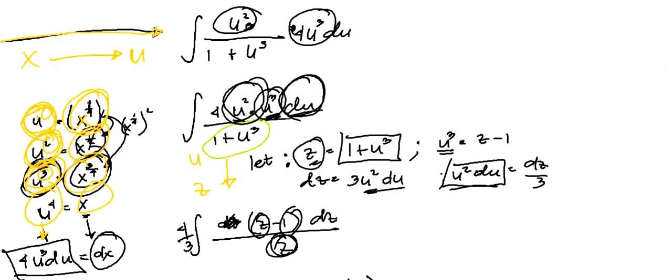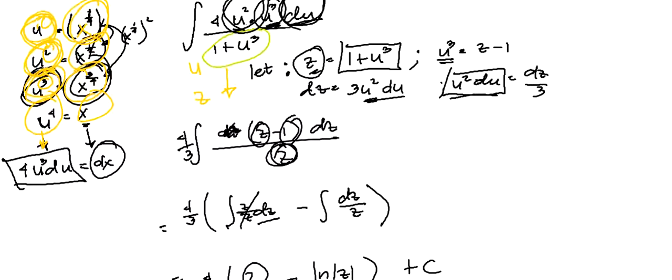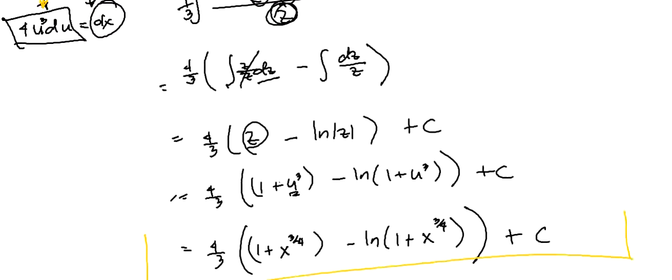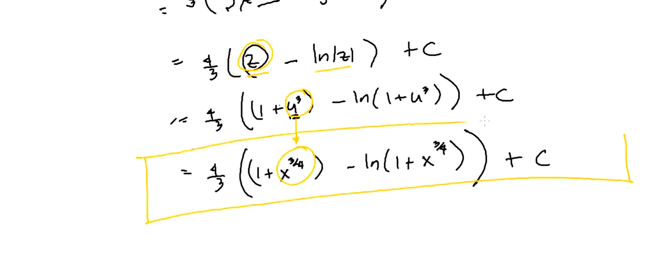Then from here we can easily see that it is now integrable by doing some minor algebra, z minus 1 all over z, or z over z minus 1 over z. Then from that we apply the integral, and we come up with this one, but we need to bring back the value of our z, which is 1 plus u cubed, and our u cubed is also equal to x raised to 3/4, and that is now our final answer.